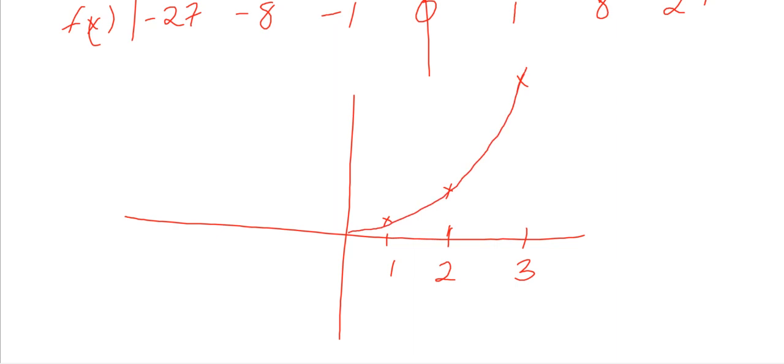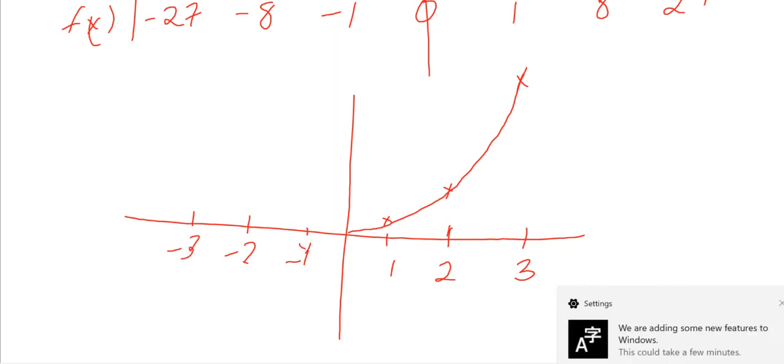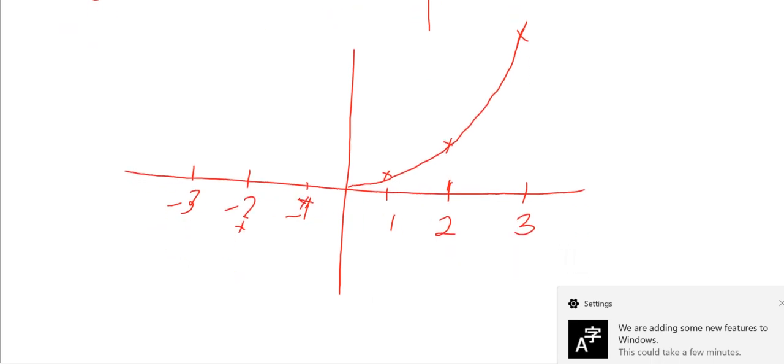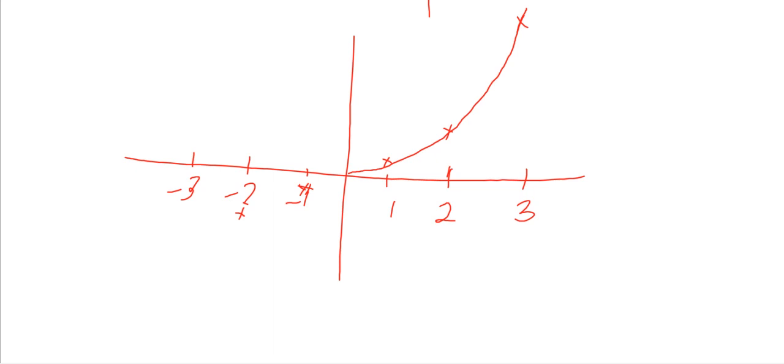But on the other side, the values are negative when you go to -1, -2, -3, so it will be on this side. Something like that. So you'll be drawing a curve like this.